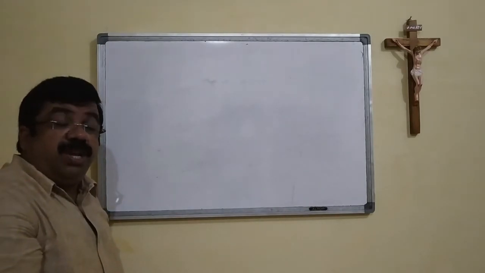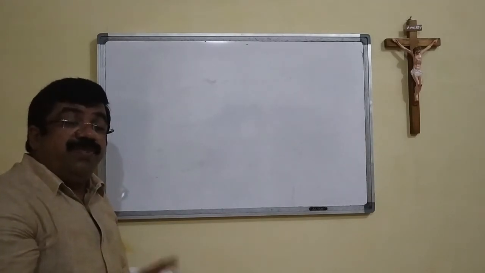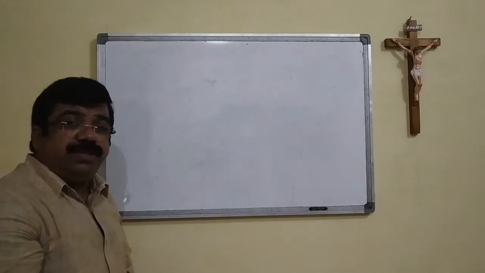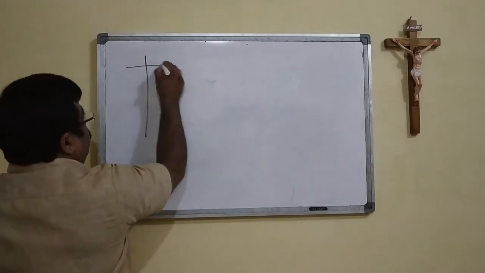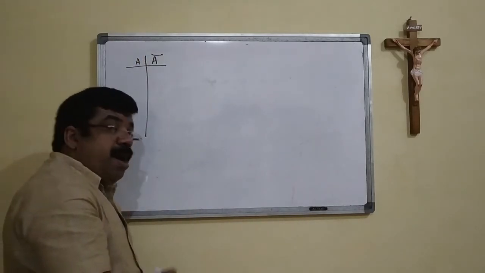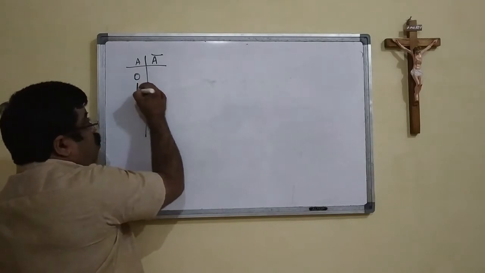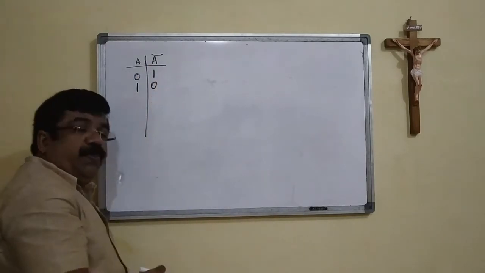Next we have a NOT gate. This is the only gate which takes one input. So A, and the output is A bar: 0 1 will become 1 0.